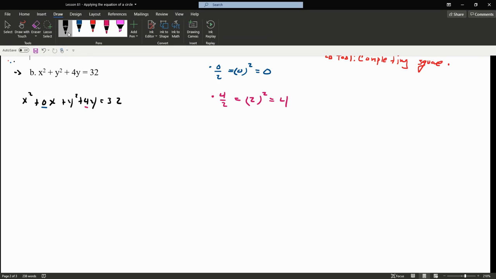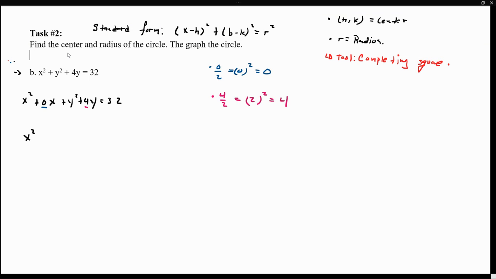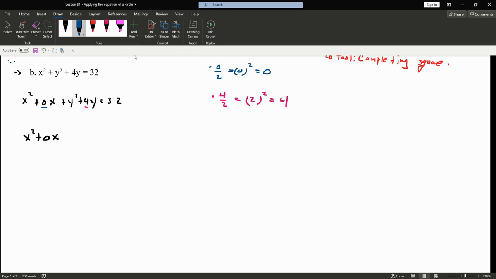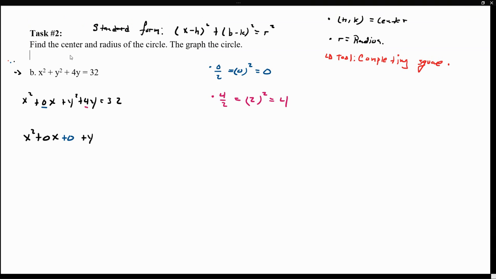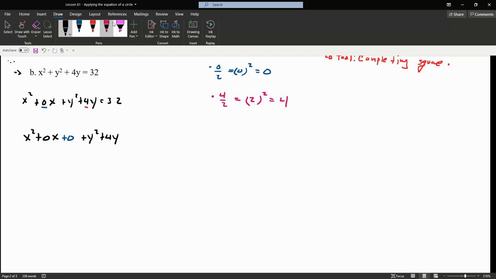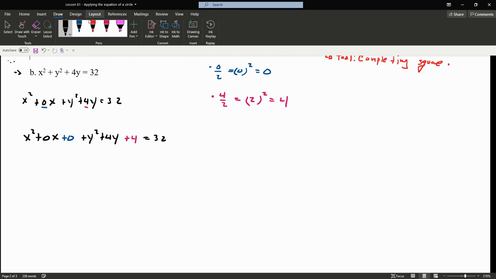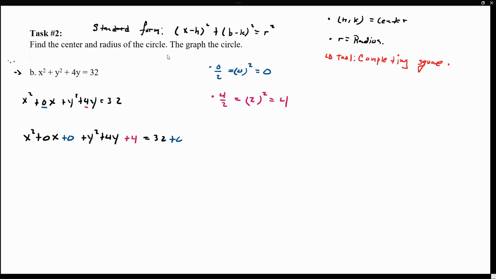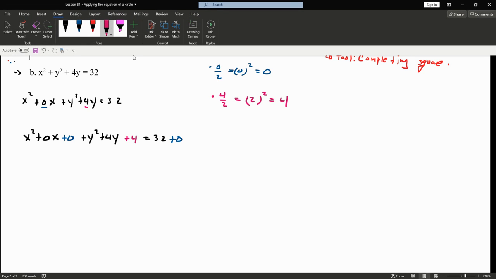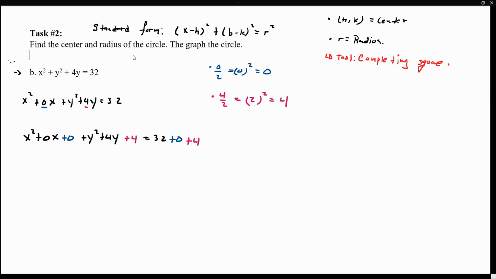Now that we have that, we can come to our problem and do the same. x squared plus 0x plus 0, plus y squared plus 4y plus 4, is equal to 32 plus the 0 from the x, plus, I'm sorry, plus the 4 for the y.